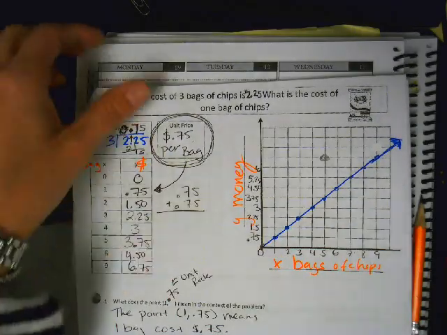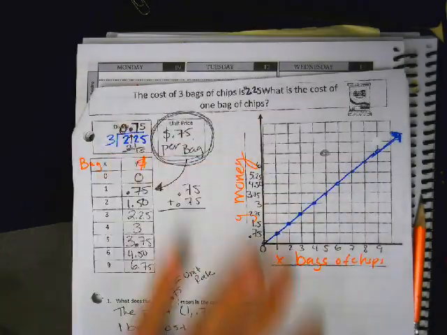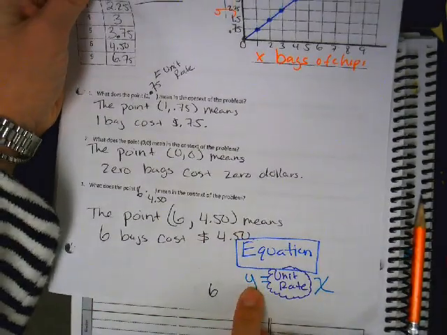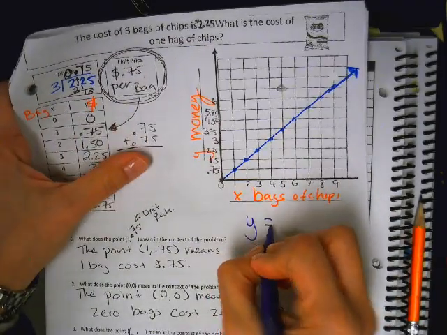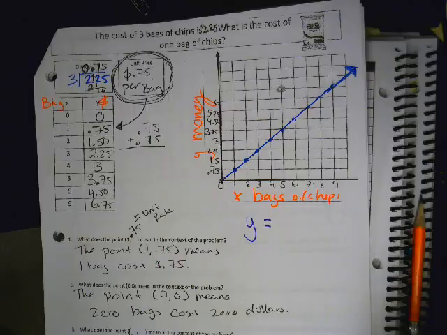Let me back it up. What would be the equation for this problem? What do we always start with? Y. So you're always going to start with y equals. Now, what comes after? Your unit rate. What is your unit rate for this problem? 0.75.